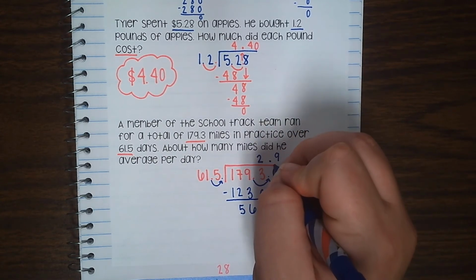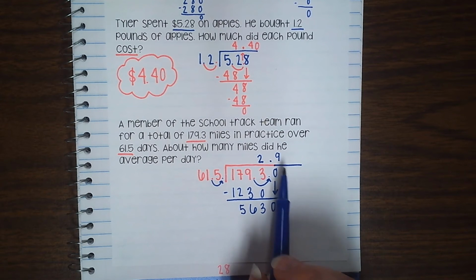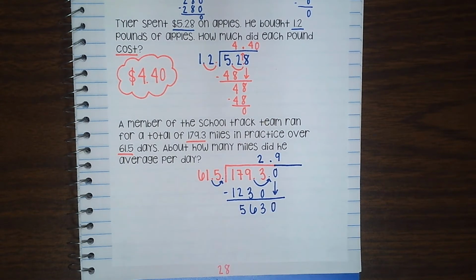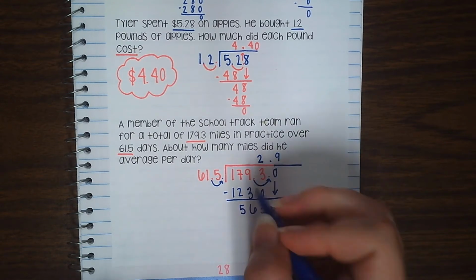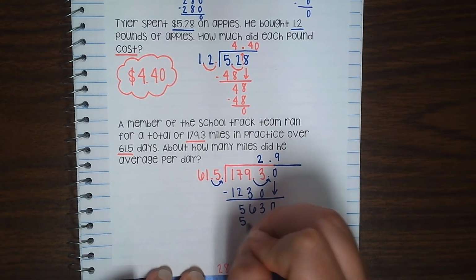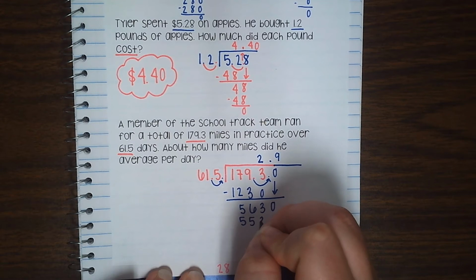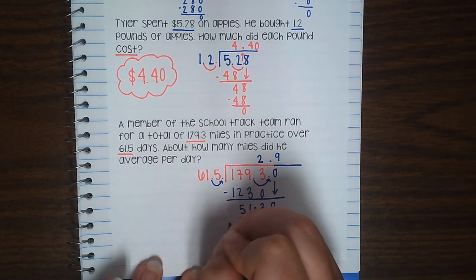I'm going to extend our house a little bit. 9 times 615 is 5,535.